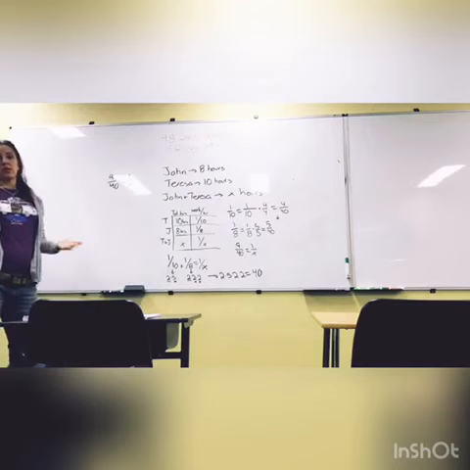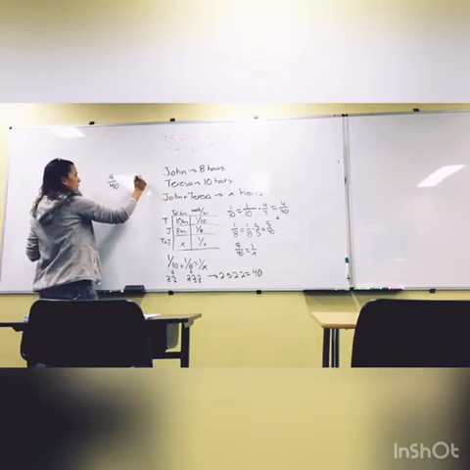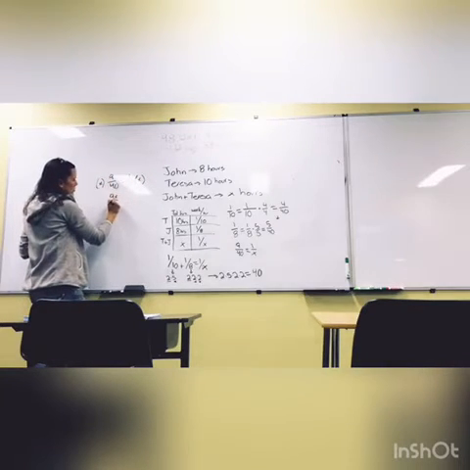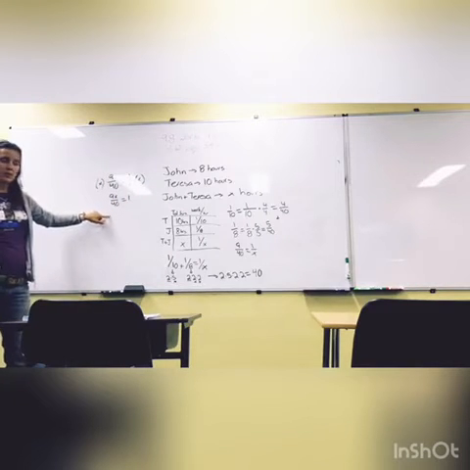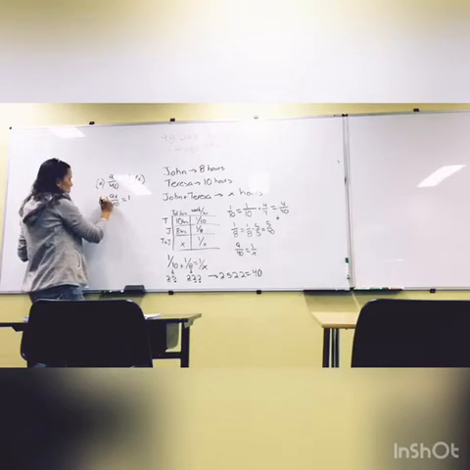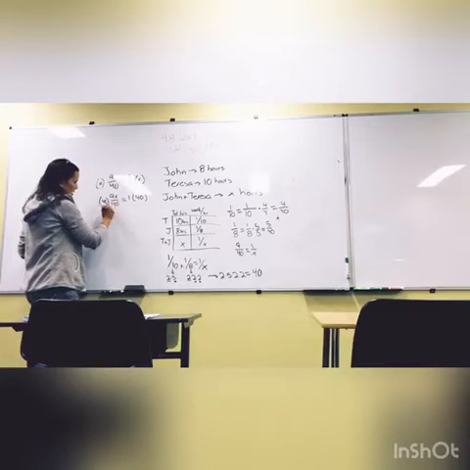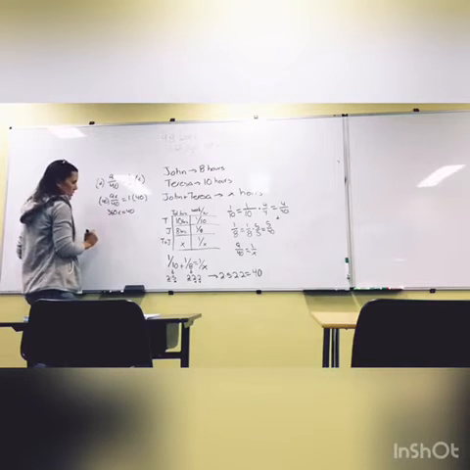So I want to get rid of the x in the denominator. That means I have to multiply both sides by x, right? So then I get 9x/40 equals 1. Now I want to get rid of this denominator. So I just times both sides by 40. So I get 40 times 9, which is 360x, equals 40.